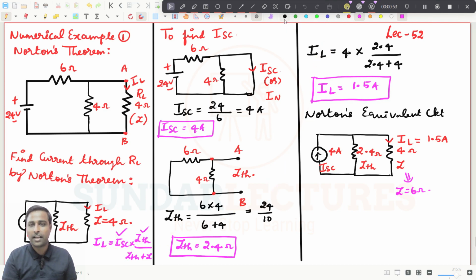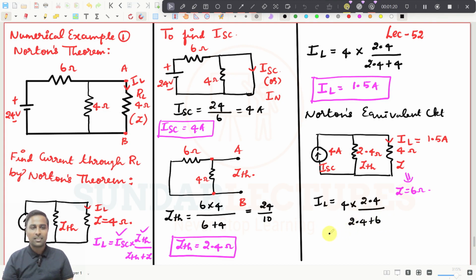IL will be equal to ISC, because we have not changed anything inside the circuit between A and B. ISC is 4 into ZTH, which we found to be 2.4 ohms, divided by 2.4 plus 6. Instead of 4 ohms here, it will be 6 ohms. If you simplify this, IL will be equal to 1.143 amperes.